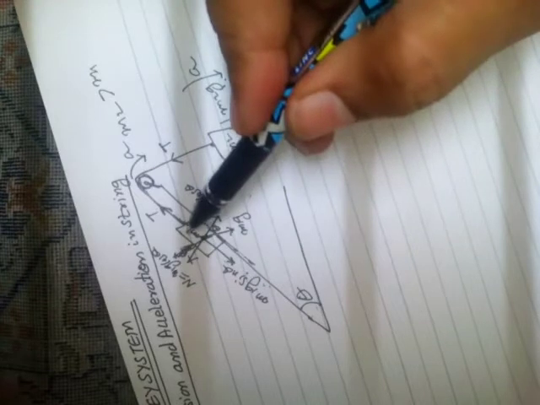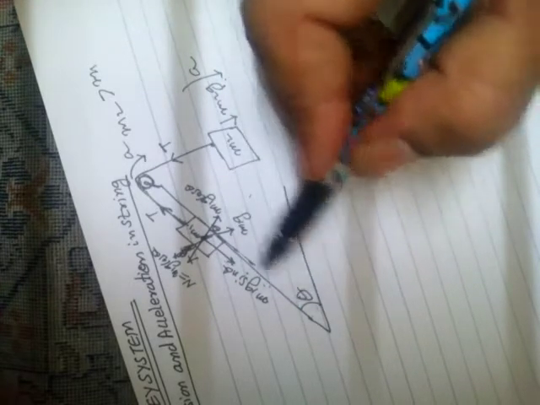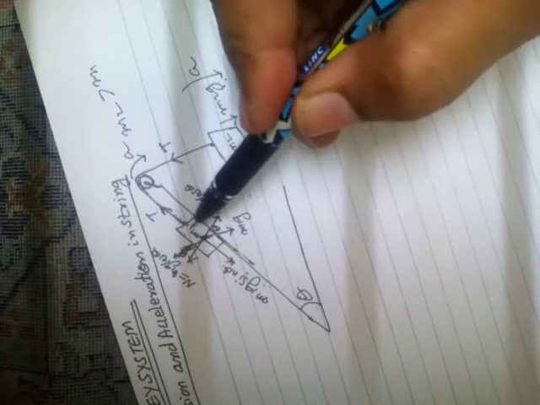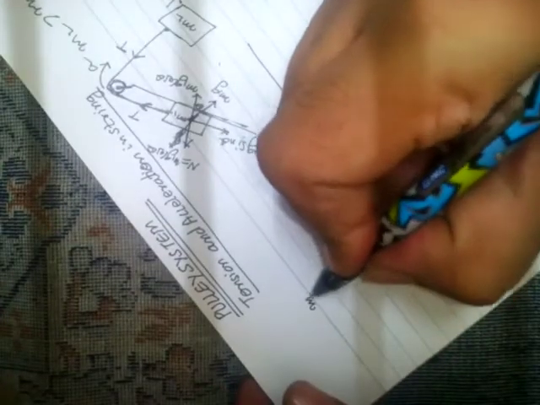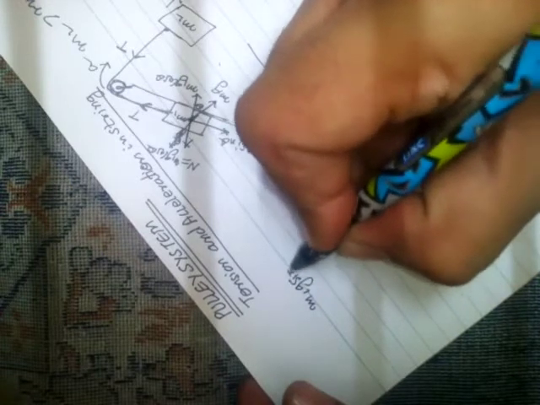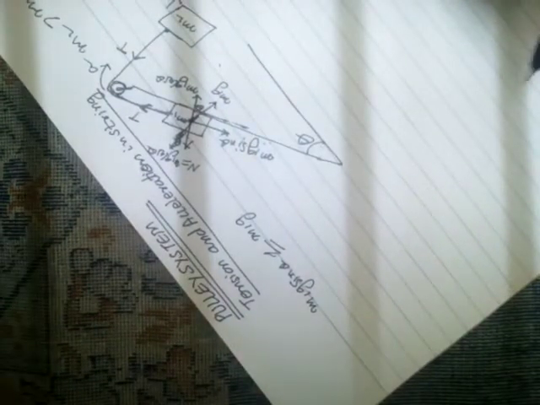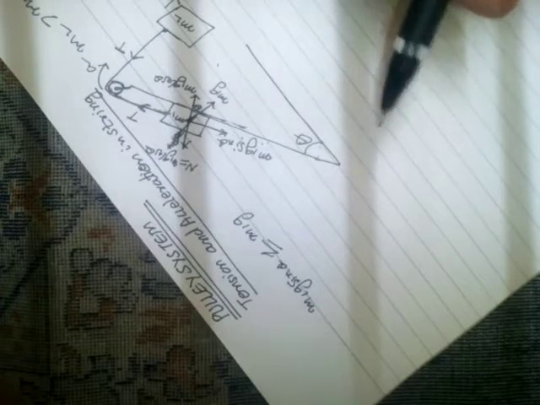So always remember, whenever a weight is on an inclined plane, its force of pulling would be less than m1g. Very simple thing: m1g sin theta would be less than or equal to m1g. It cannot be greater than m1g. At the most it may be equal to it, otherwise it is lesser than m1g.